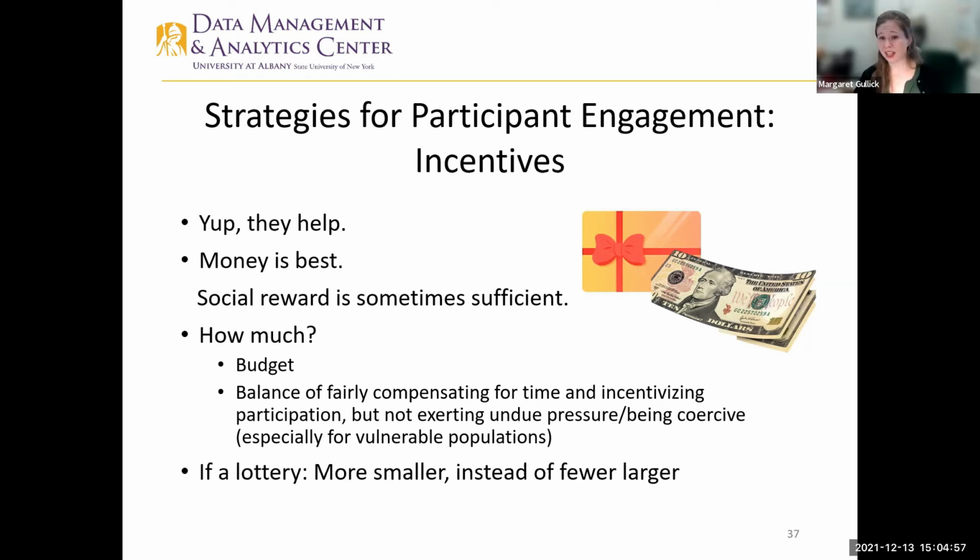We also want to note, if you're doing a lottery draw for an incentive, you really want to do more smaller prizes instead of fewer larger prizes. You don't want to do 5 $100 gift certificates. You want to do 20 $25 gift certificates as your prizes. People won't feel like, oh, I could maybe get $100. They're going to feel like there's only 5 of those.